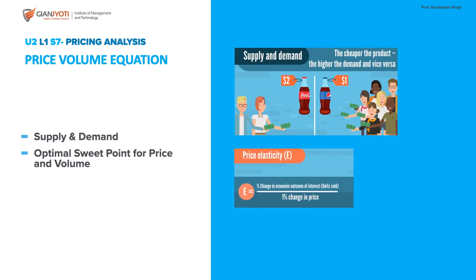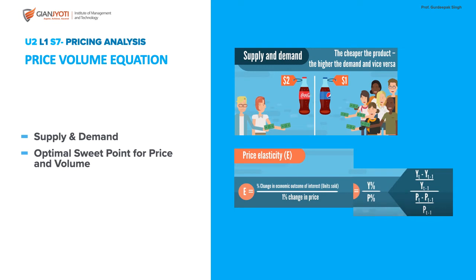So the price elasticity is measured as percentage change in units sold divided by percentage change in price. And if we try to incrementally change the price and see the consumer behavior, that is what we get as the price elasticity index.